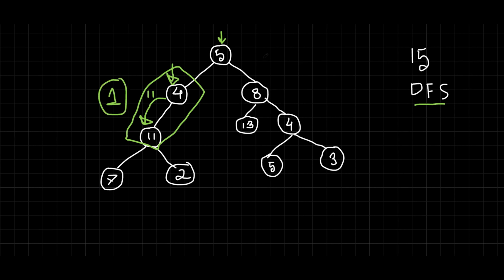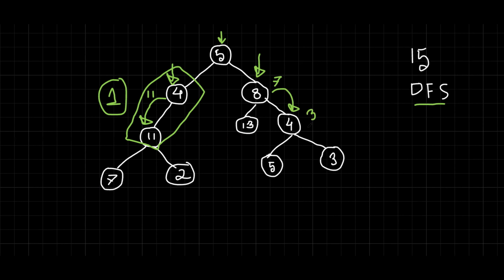Now, suppose the DFS starts from this node 8. So if we take 8 as one of the values, our required value will be 15 minus 8, which is 7. Now suppose from 8, the call goes to this node 4, and our required value will be 7 minus 4, which is 3.